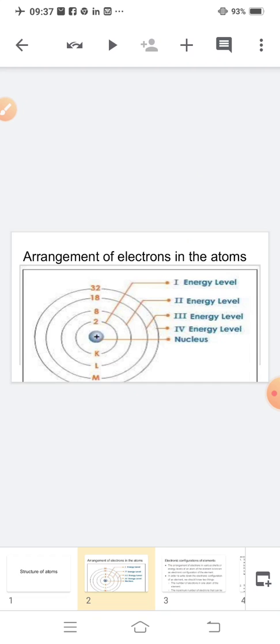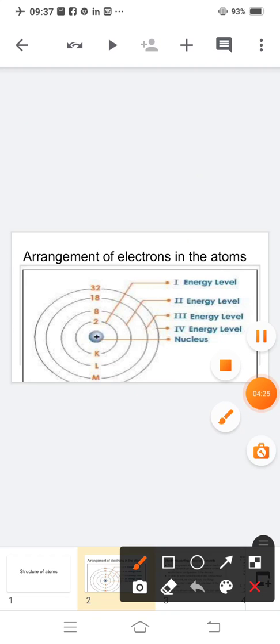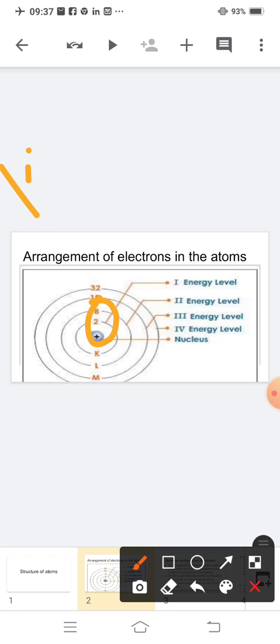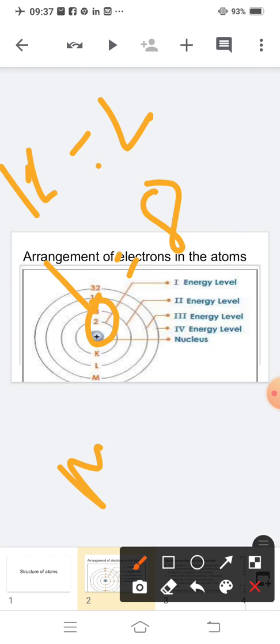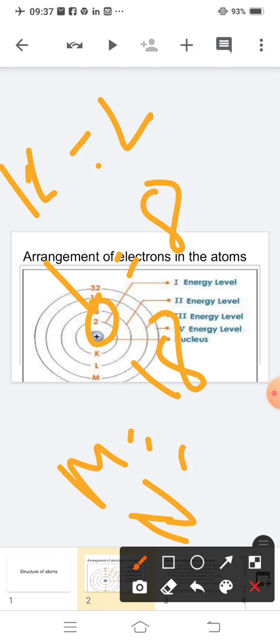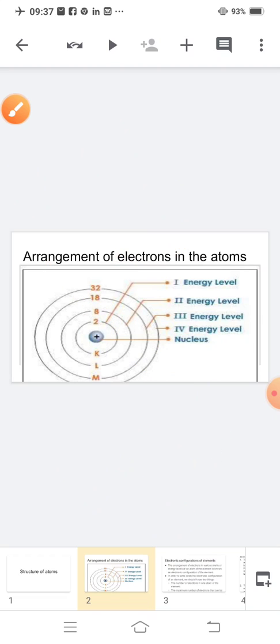Clear? Now, in the first energy shell, you can locate 2 electrons. In the second, you can locate 8 electrons. In the third, you can locate 18 electrons. And in the fourth, you can locate 32 electrons.